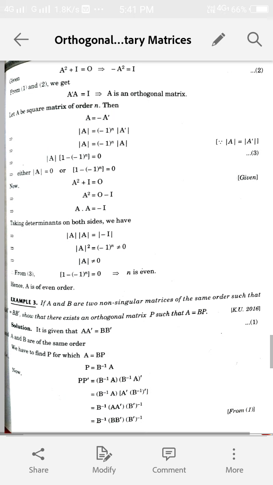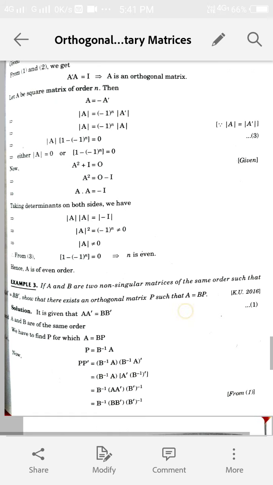Now taking determinant on both sides, we find that determinant of A is not equal to 0. So we are left with only one condition, and that is 1 minus minus 1 raised to the power n is equal to 0, and it is satisfied only if n is even. So here if A is an orthogonal matrix then it must be of even order, satisfying the property that A square plus identity is 0 and A is a skew symmetric matrix.